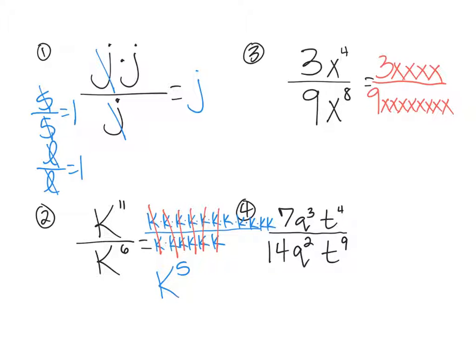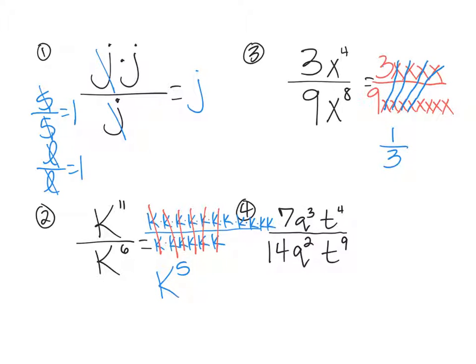What's going to happen? What will be left over when I'm done? What's my math answer? 1 on top. Yes, 3 over 9 is 1/3.